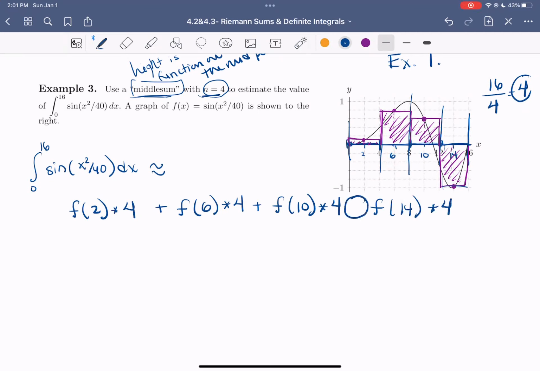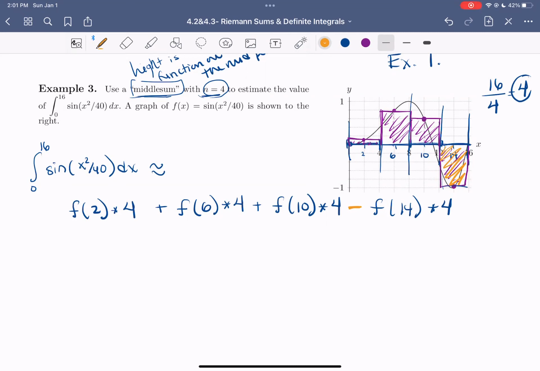I haven't put anything here yet because I want to make an important point. Notice how for the first 3 rectangles, the heights are all above the axis. So we consider these areas positive. Whenever our height is below the axis, that is considered a negative area. So we're going to subtract the area of the final rectangle.